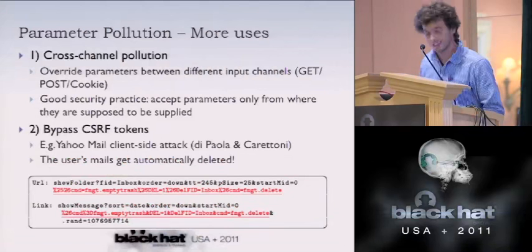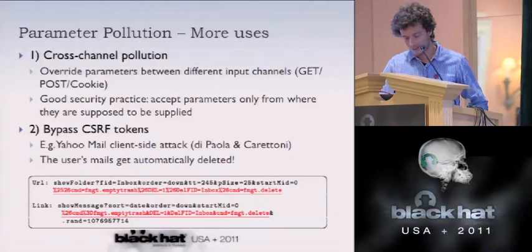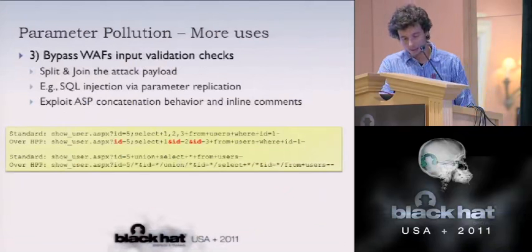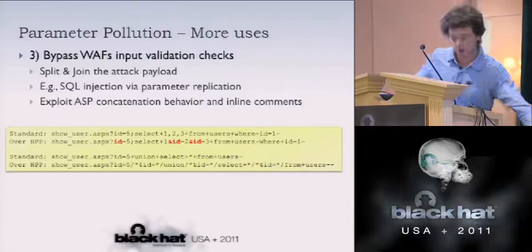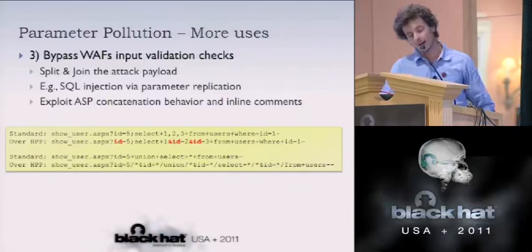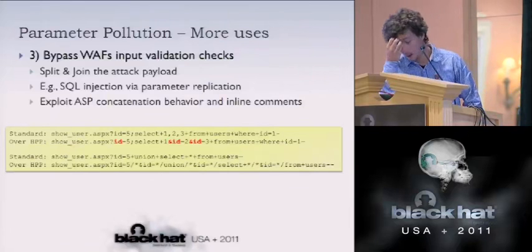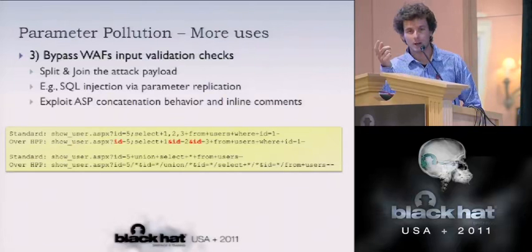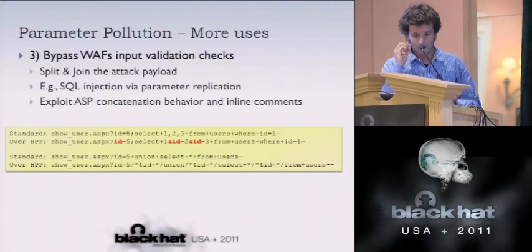So I know it's not easy to see this point. The last one is what many people get interested in, and now we have a lot of web application firewall providers that are fixing this problem.